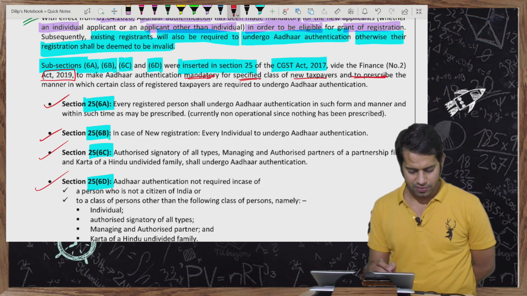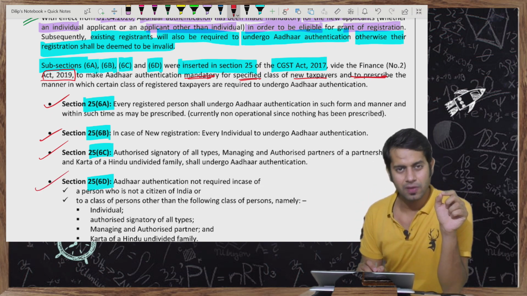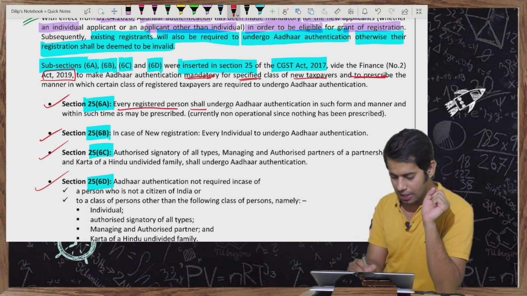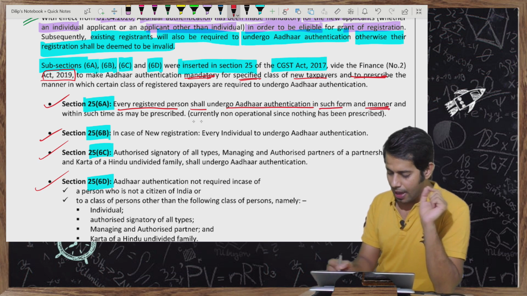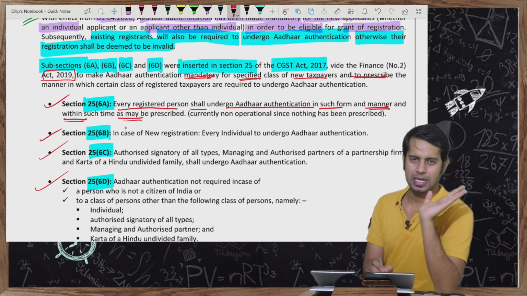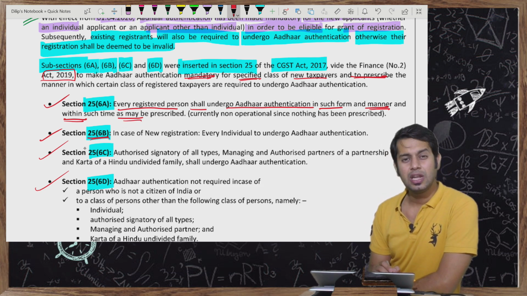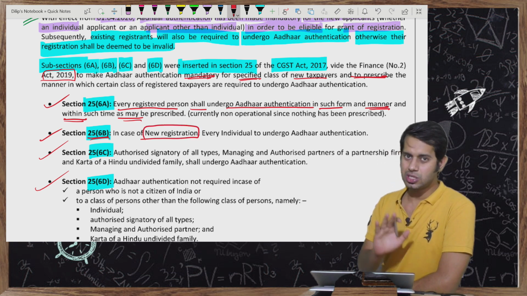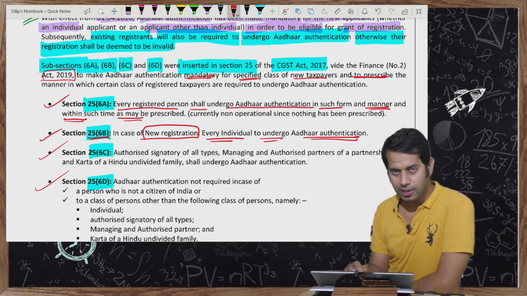Section 25 sub-section 6A says every registered person shall undergo Aadhaar authentication in such manner and form within such time as may be prescribed. Have they prescribed? Not prescribed. Section 25 sub-section 6B, in case of new registration, says every individual shall undergo Aadhaar authentication.